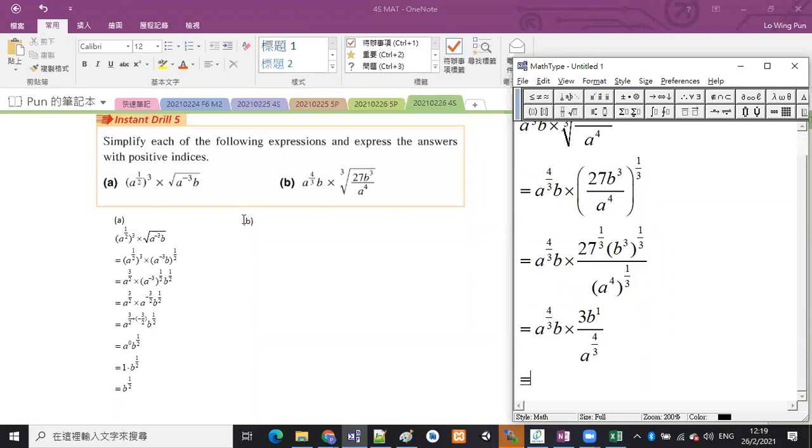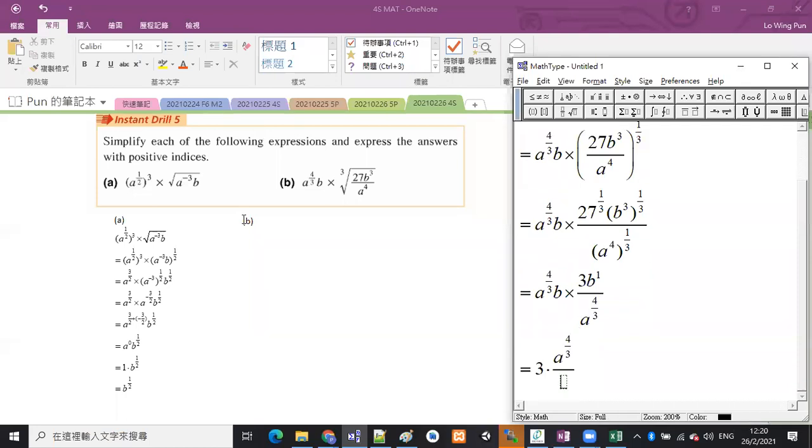Okay, and then we split into the number column, the a column and the b column, and do it separately. We have 3, and then we have a on the top and a on the bottom, and then we have b times b to the power 1, but b to the power 1 is just b.